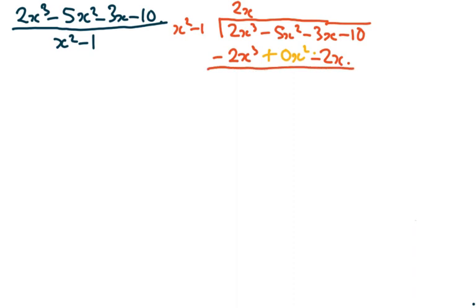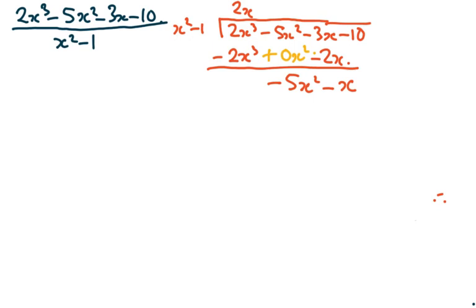Now let's subtract that. So certainly that's gone. Negative 5x squared minus 0 gives negative 5x squared. Negative 3x minus 2x gives me negative x.